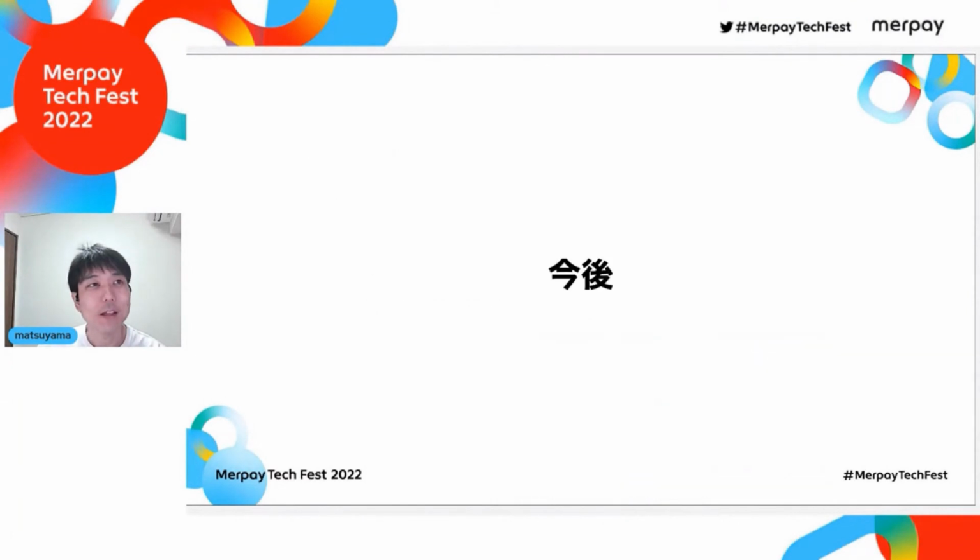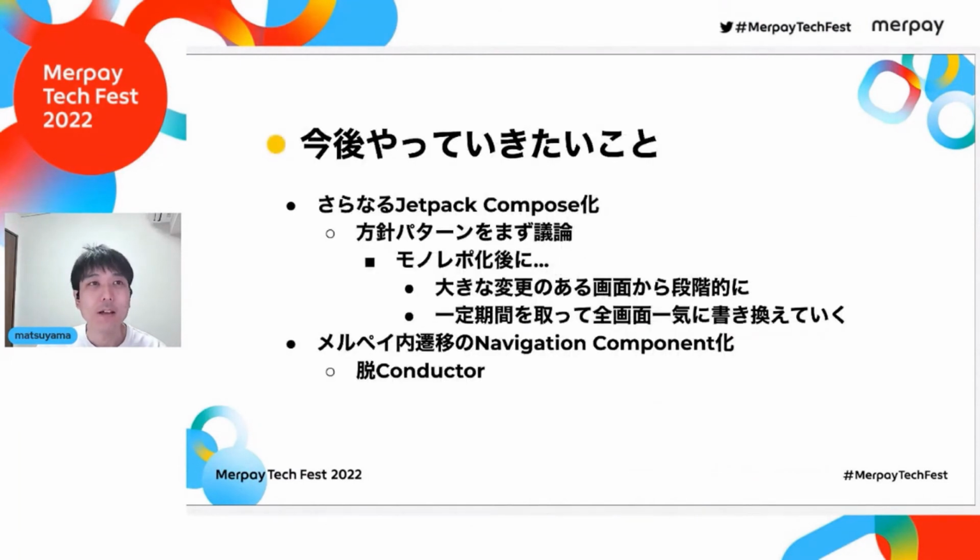Finally, I'd like to talk about the future. Well, it's a matter of course, but I would like to change to Jetpack Compose for other things than Merpay type. It will be after unifying repositories, but the direction is to start from the screen with major changes or to relight it at some point in a certain period of time, just like the Merpay part.